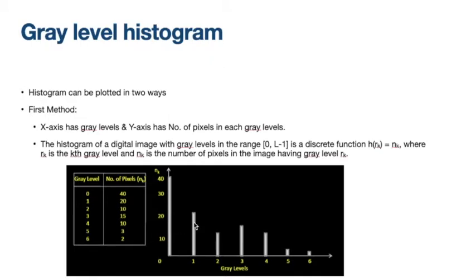So h of 0 will be 40, h of 1 will be 20, h of 2 will be 10, like that.